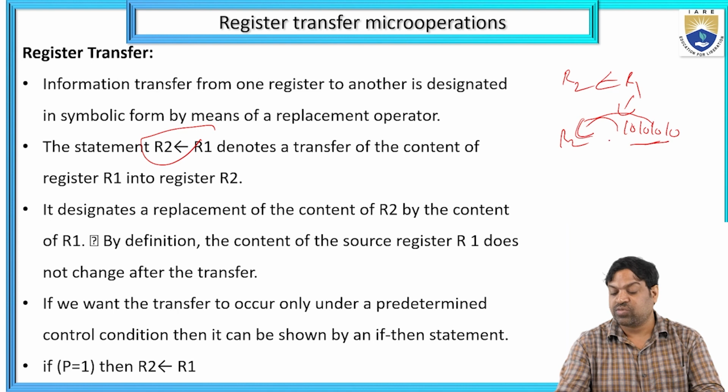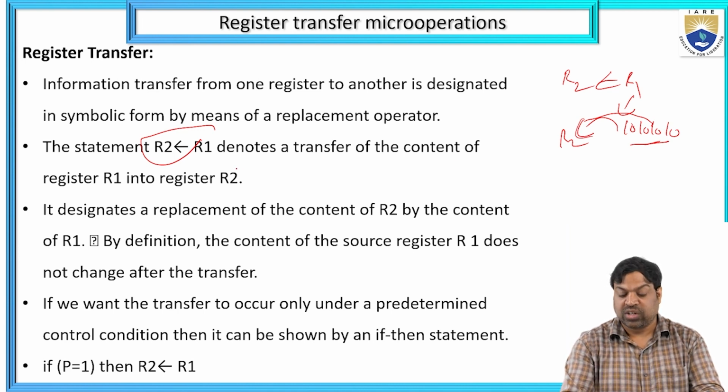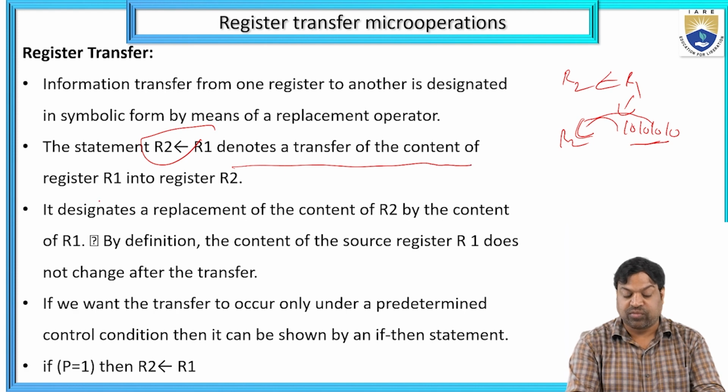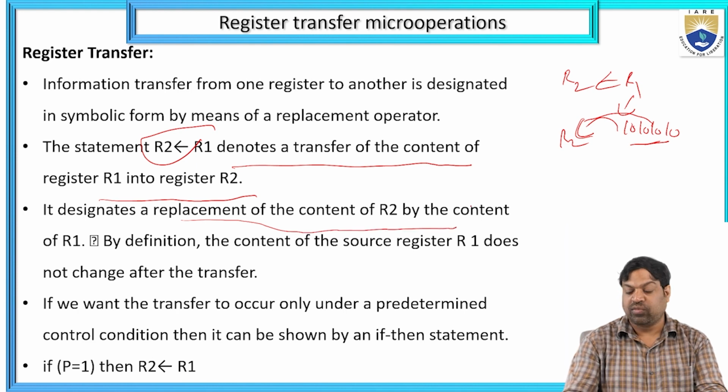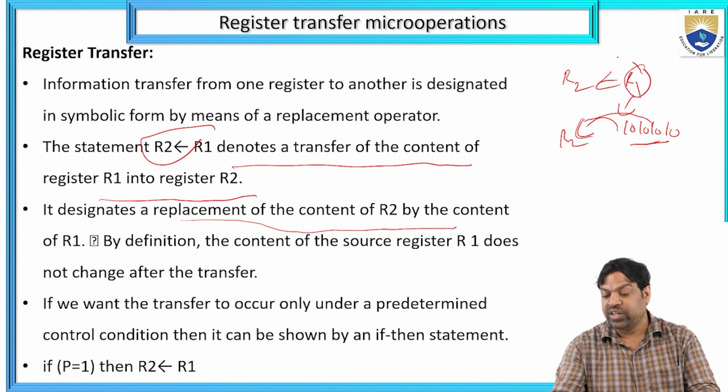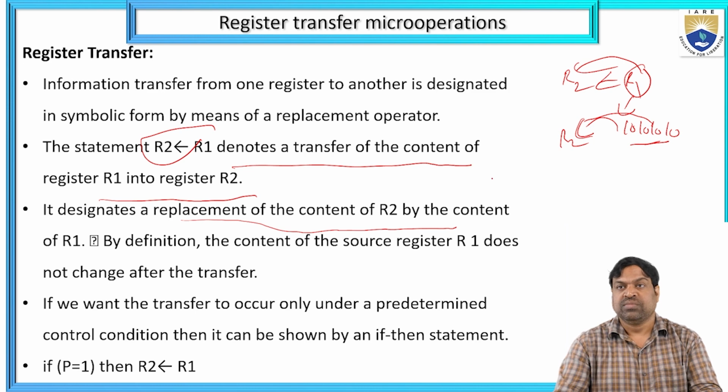This data is transferred, meaning loaded, to R2. That means the content of R1 is transferred to R2, and R2 is replaced by the content of R1. R1 does not change after the transfer.